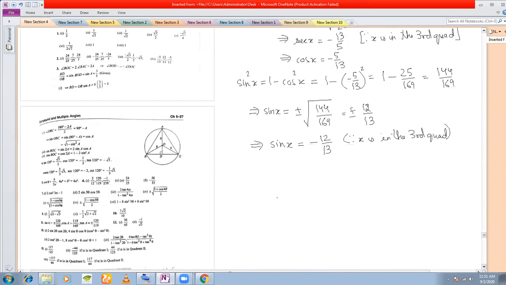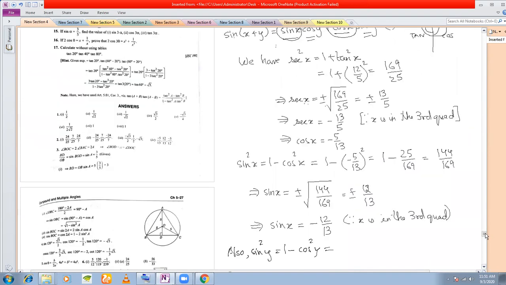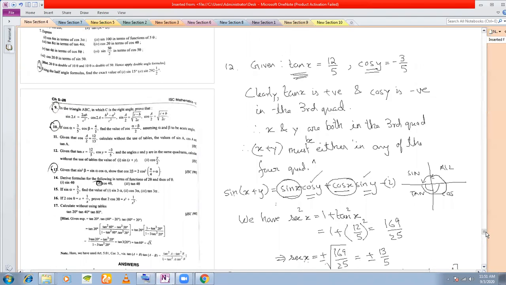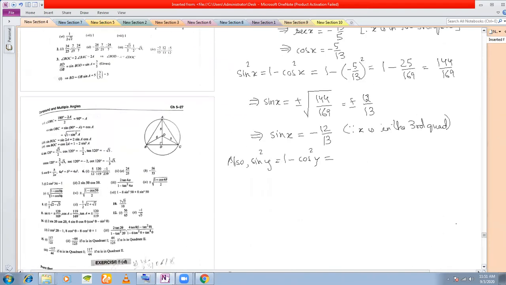We use sin square y. Sin square y is equal to 1 minus cos square y. Cos y is how much? Minus 3 by 5. So 1 minus 9 by 25, which is 16 by 25.